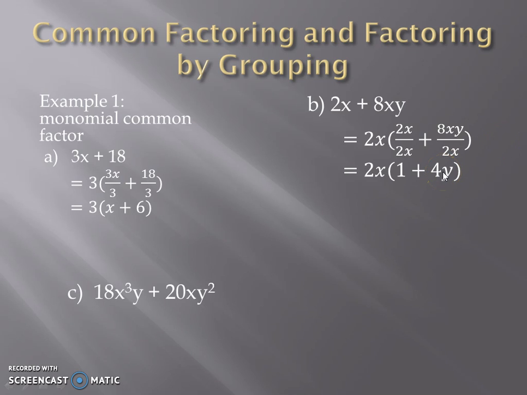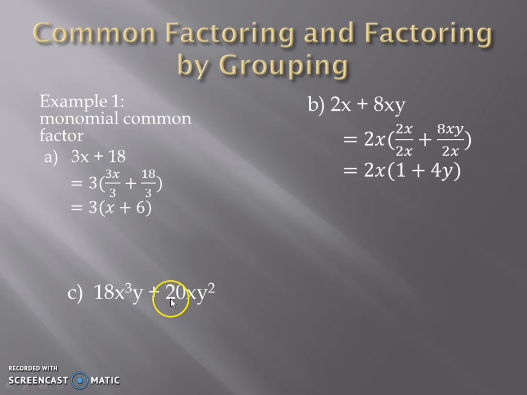So let's go to our third example. And look at this, we have exponents. Oh no, how do we do this? Very, very simple. We just get the lowest, let's go in order. Get the lowest number. The lowest number in this case is 2. Okay, what next?